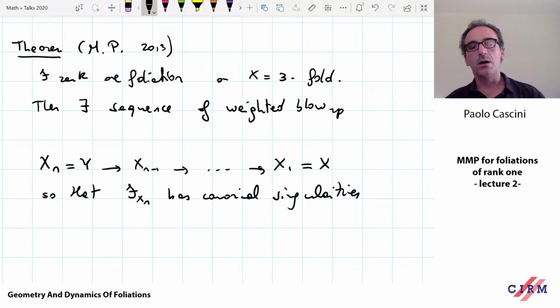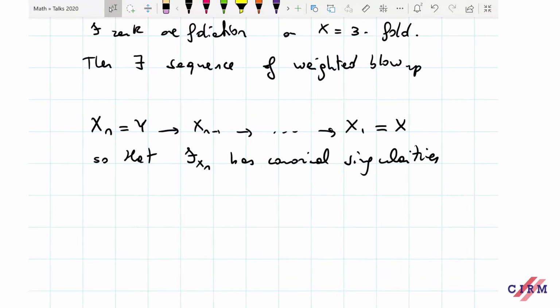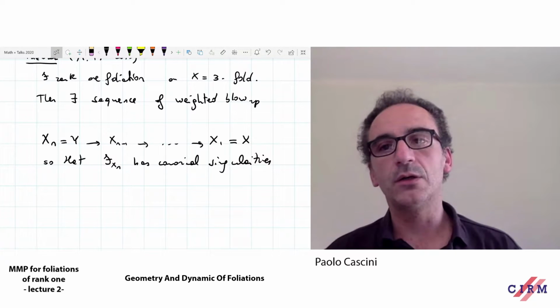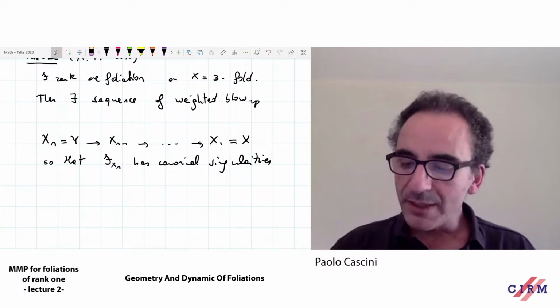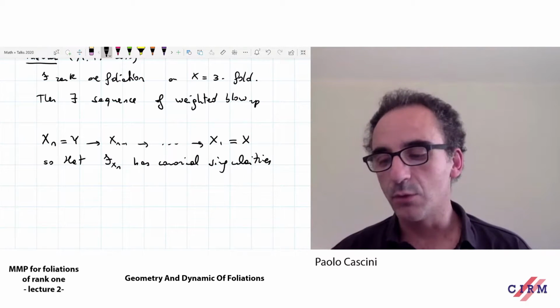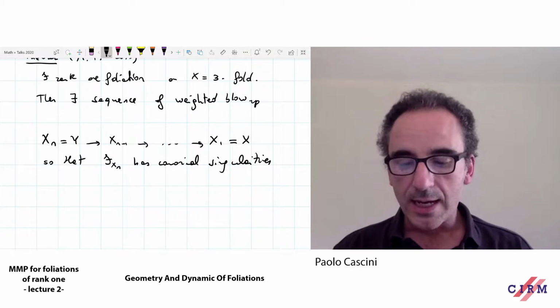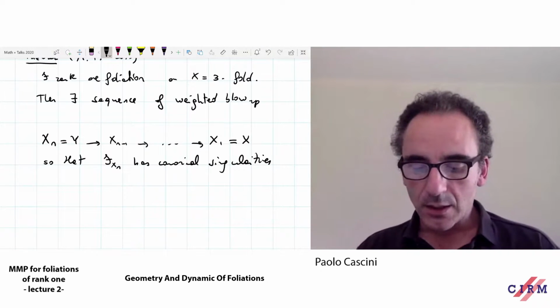There is a difference in the case of foliation rank 1 with respect to what happens in foliations of rank 2. Namely, although we improve the singularities of the foliation, we could create new singularities on the underlying variety. It means that even if we start from X a smooth variety, because of these weighted blow-ups, Xn becomes singular. But fortunately, the singularities of Xn are well understood.